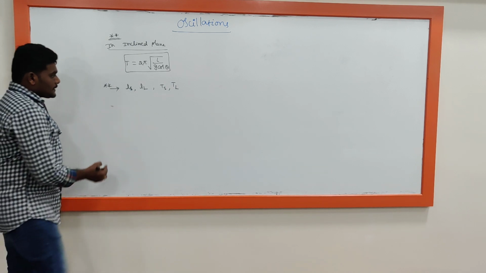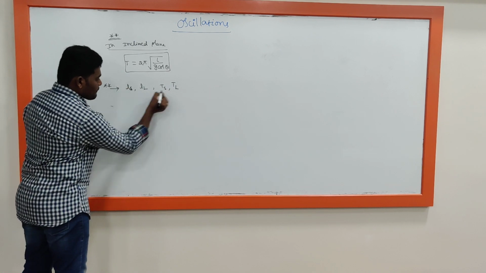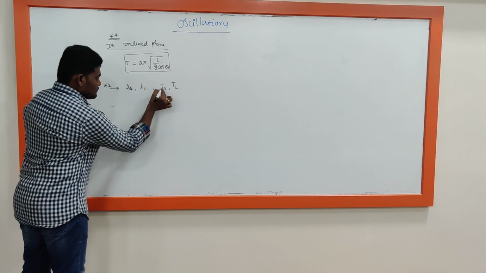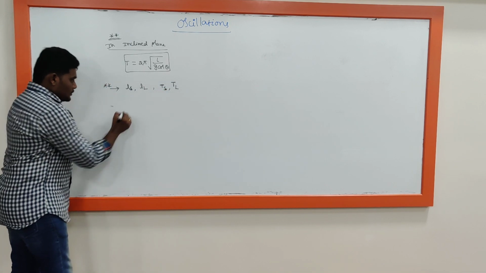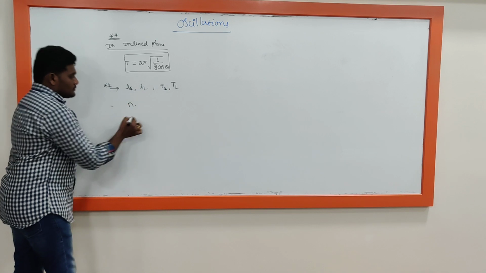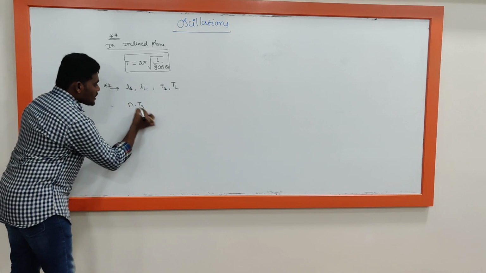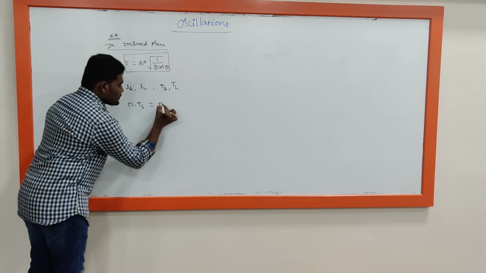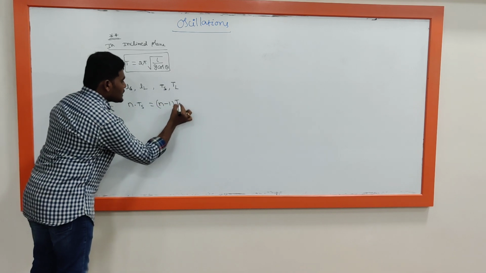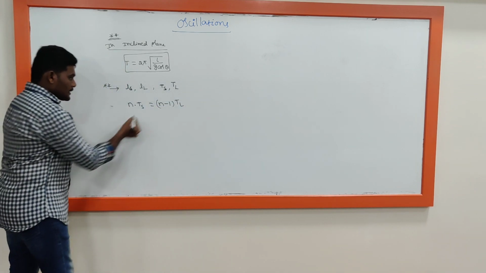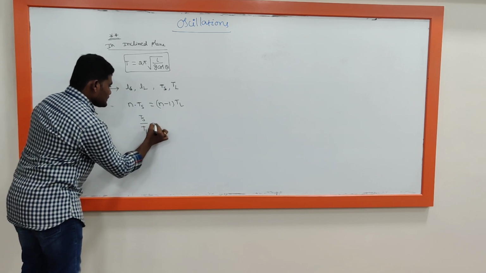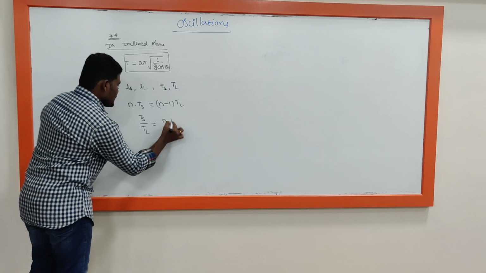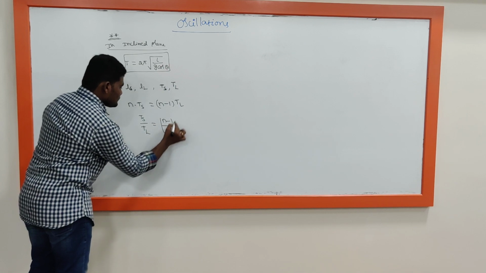Then you can write here time period of a shorter pendulum, this is the time period of a longer pendulum. You can write n into time period of a shorter pendulum is equal to n minus 1 times of the time period of a longer pendulum. Then you can write Ts divided by Tl is equal to n minus 1 divided by n.